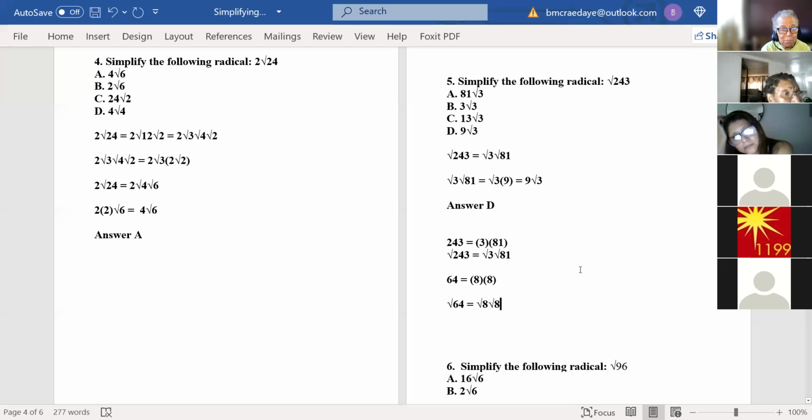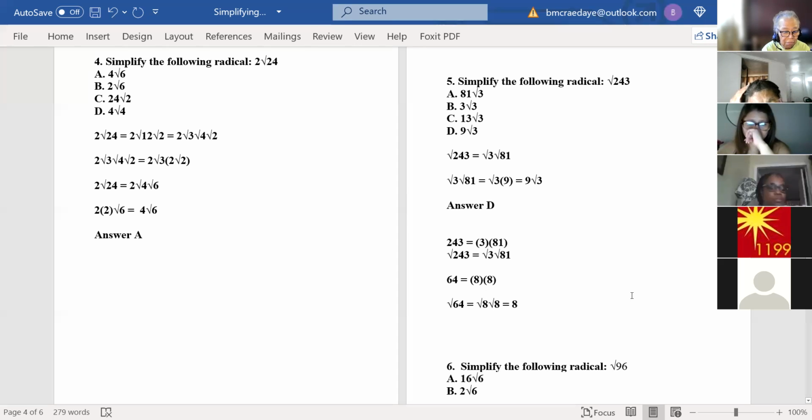Yes, 1/2 plus 1/2 is 1. So 8 to the 1/2 times 8 to the 1/2 would give you 8, which we know, because the square root of 64 is 8, right?